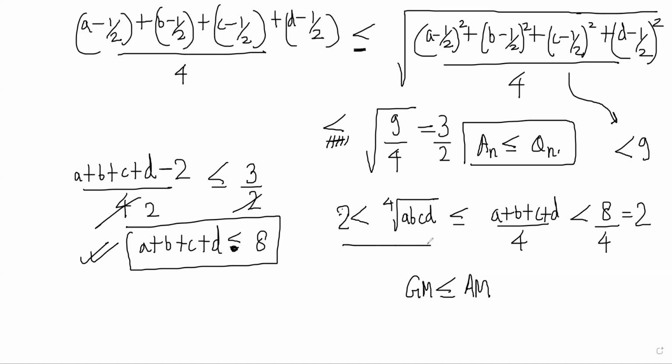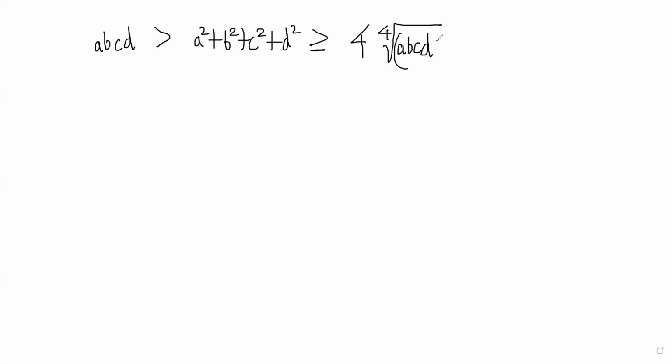we can prove that actually 2 is greater than this, because using the information in the beginning, let me just show you. abcd was greater than, the question itself said abcd was greater than a squared plus b squared plus c squared plus d squared, which is greater than or equal to 4 times the fourth root of abcd squared, which is equal to 4 times root over abcd.